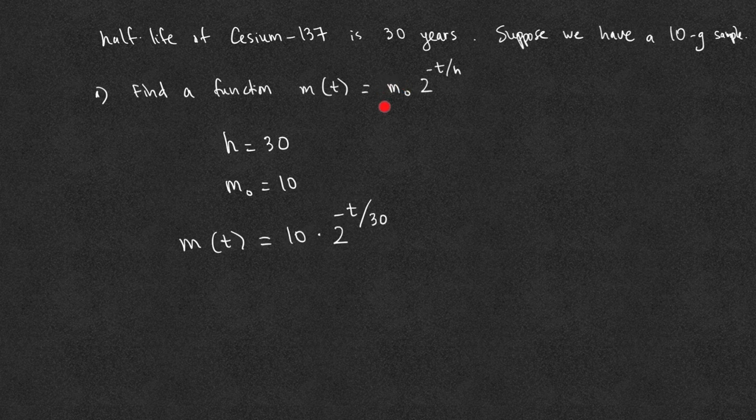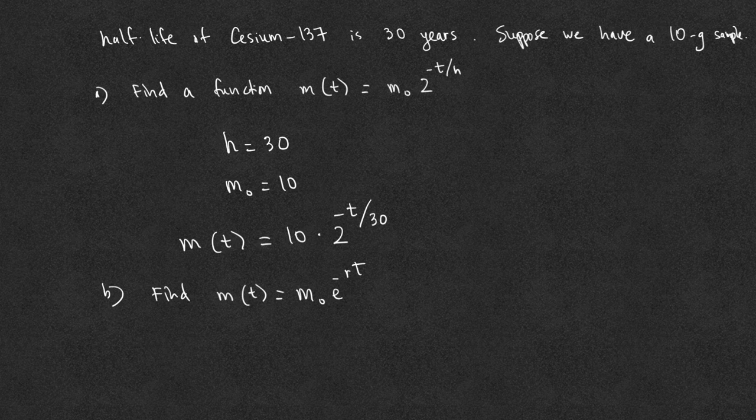The parameters m0 and h are provided in the problem. T is the variable of this function mass. Part B. Find the function m of t equals m0 e to the negative r t power.